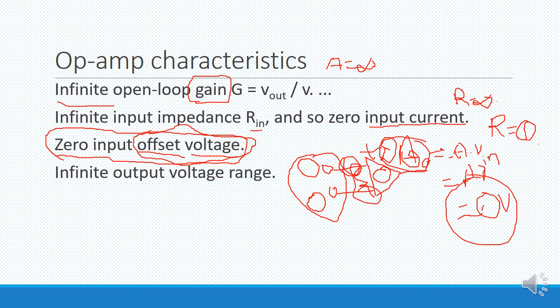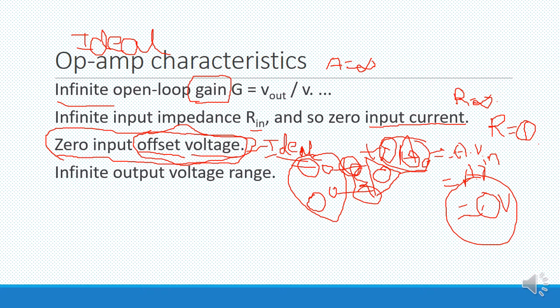But you get zero input offset voltage only for the ideal op-amp. One thing I forgot to tell: whatever we are studying now are the ideal op-amp characteristics.